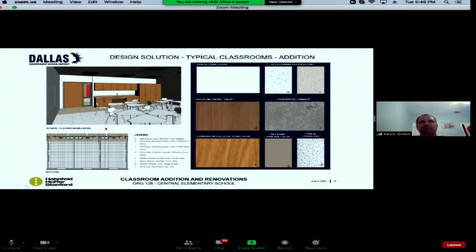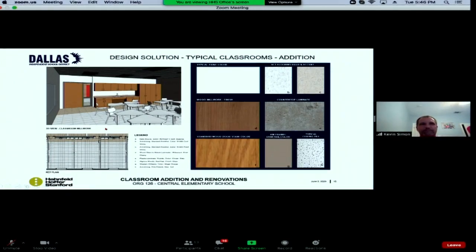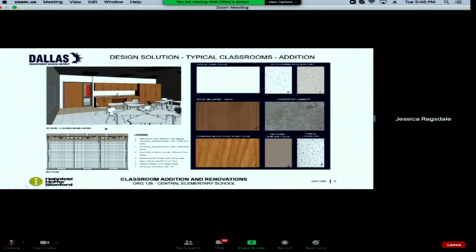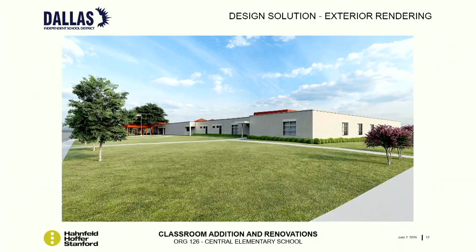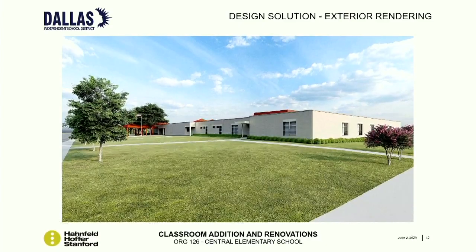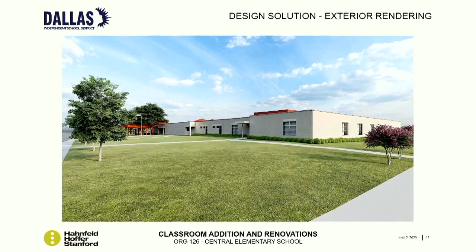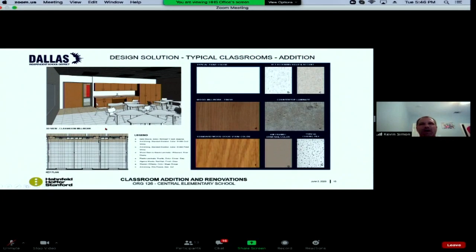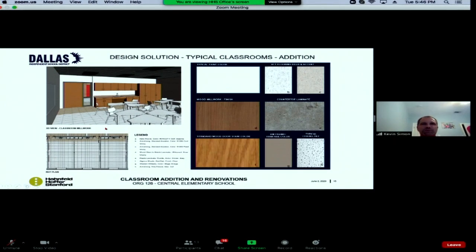It'll be ready for the 21-22 school year. And we are about to start construction. We're on the last phase of contracts right now, and the permit is ready and the contractor is ready to go. So we should be starting within the next week or two.